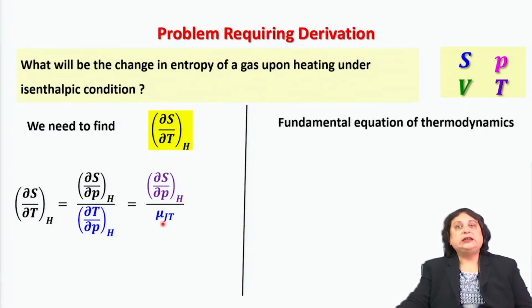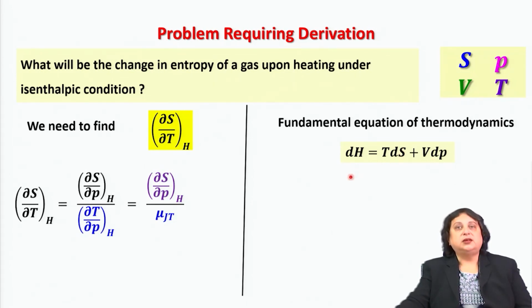Now, moving ahead, I am going to use the fundamental equation of thermodynamics that tells me dH is equal to TdS plus VdP. In a closed system, this is the expression that tells you that H has as its natural variable S and P. Therefore, dH depends on dS and dP, and the corresponding coefficients are temperature and the volume of the system.